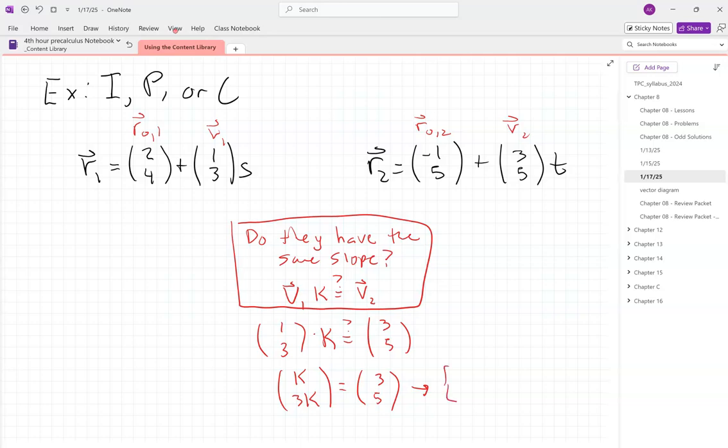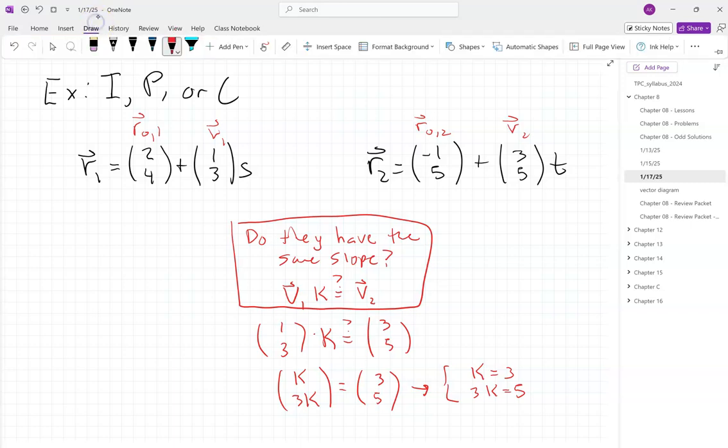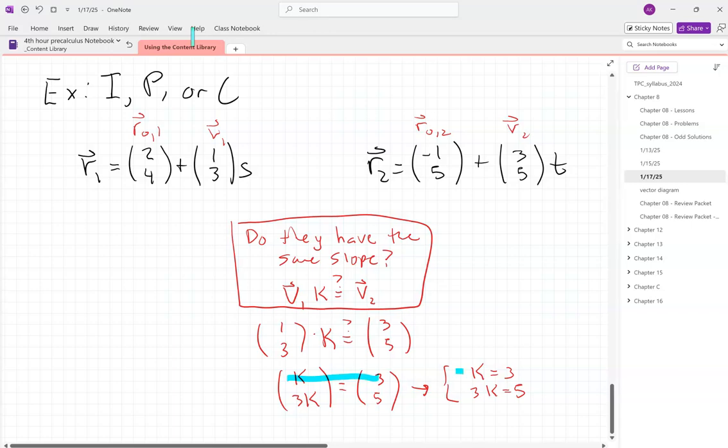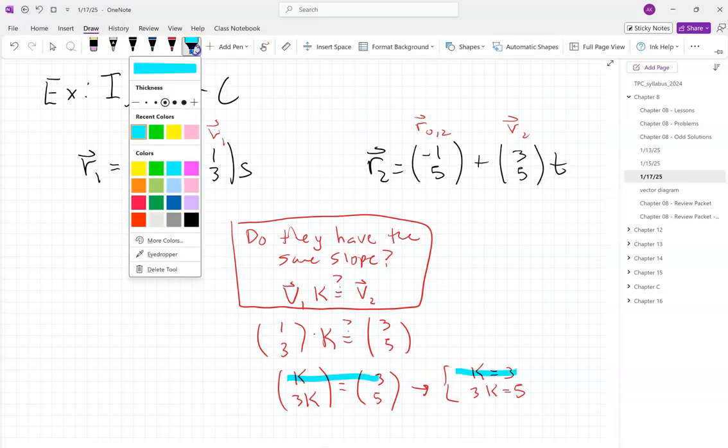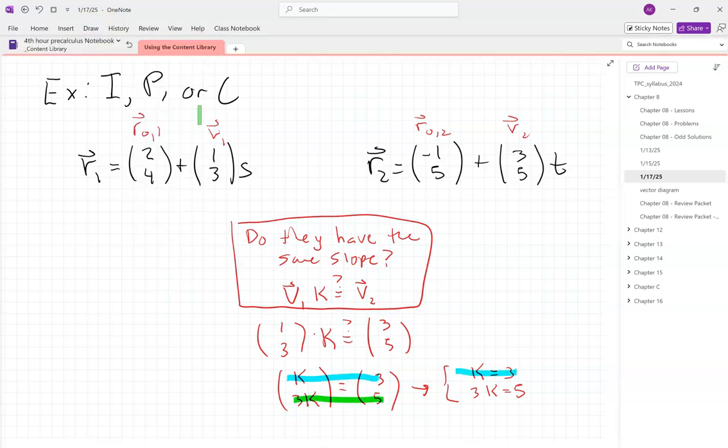And that implies then that if those two vectors are equal, k is equal to 3 and 3k is equal to 5. You guys see what we're doing there? The components have to be equal if the vectors are equal.